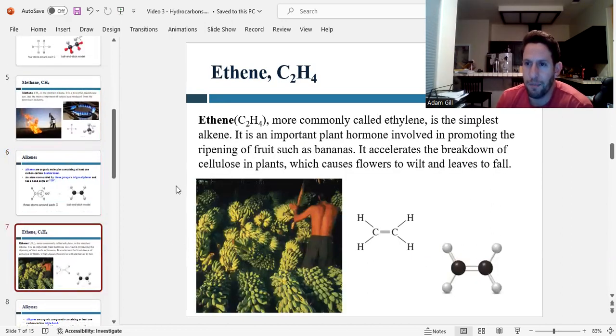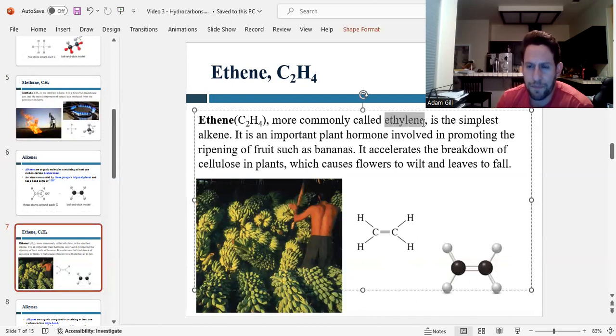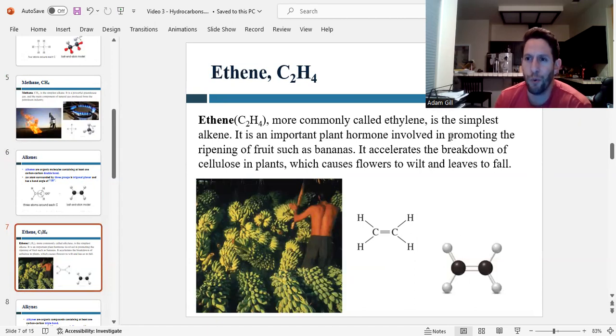Now, a specific example is ethene. This is the simplest alkene. It's just 2 carbons double bonded to each other. It's also commonly known as ethylene. It's actually a plant hormone. So plants release ethylene, and it triggers the rest of the plant to ripen. So we pick fruit, particularly bananas, green, totally unripe, and then we ship them in boats across the ocean to get to their destination.